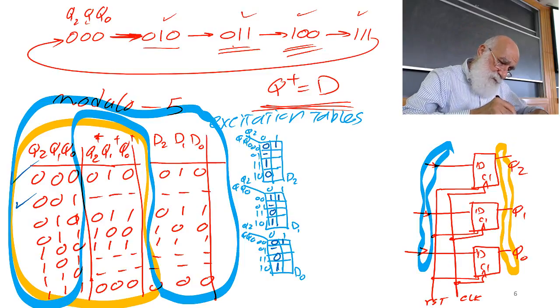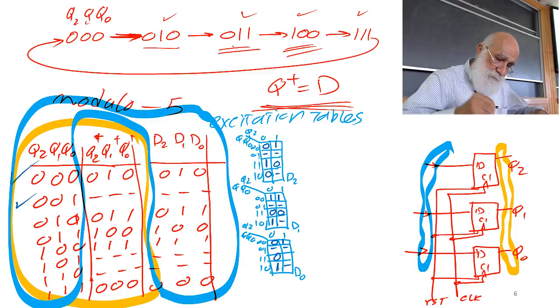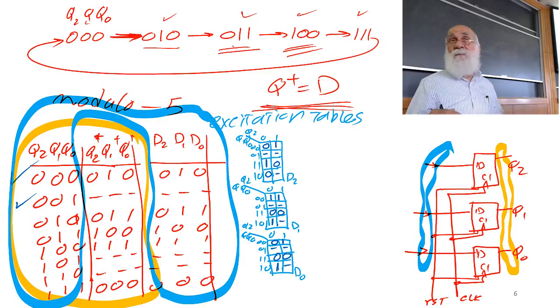Good. Don't care, don't care, don't care. 110, don't care, don't care, don't care. Finally, 111 gives you 0, 0, 0. Okay? I read my excitation table, put in my Carnot map, and now I have these Carnot maps here.